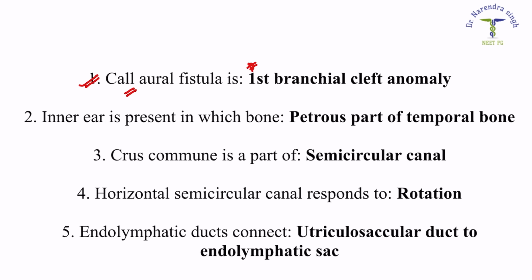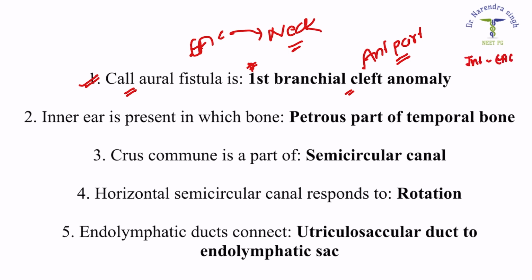Means the first brachial cleft, the anterior part which connects the external auditory canal to the neck, persists, which leads to the call oral fistula. Its internal opening is in the external auditory canal, whereas the external opening is at the angle of mandible, in between the angle of mandible and sternocleidomastoid muscle.